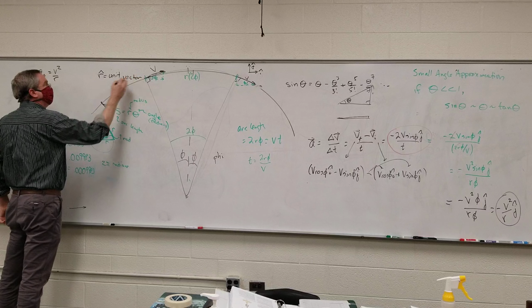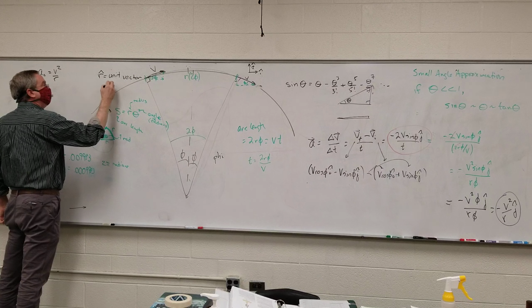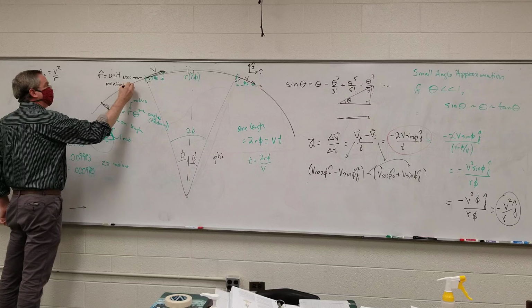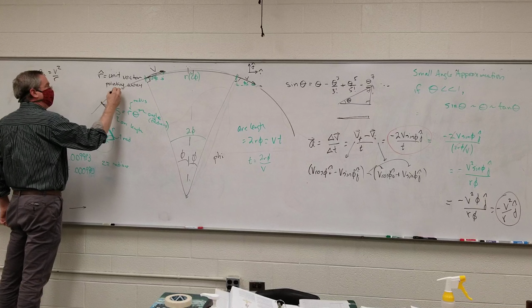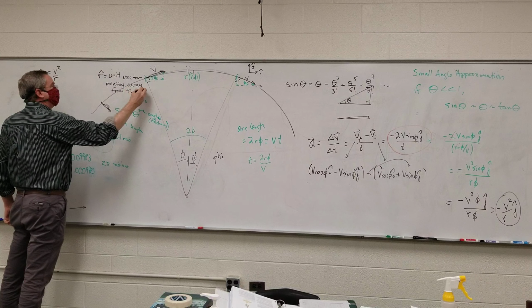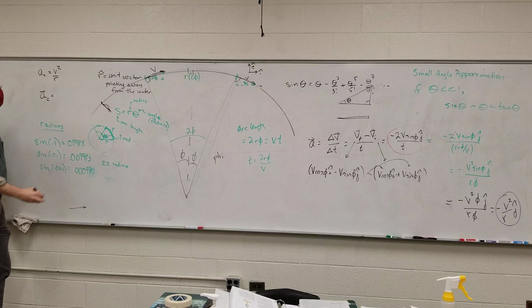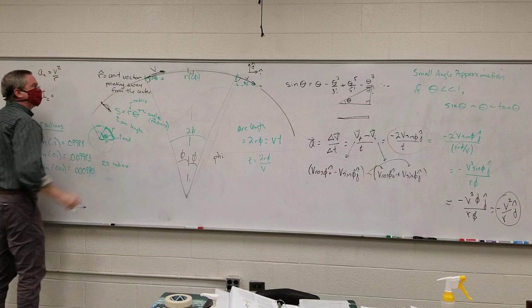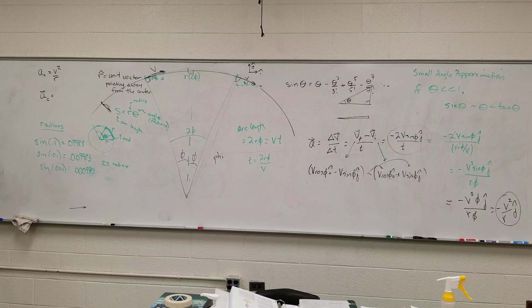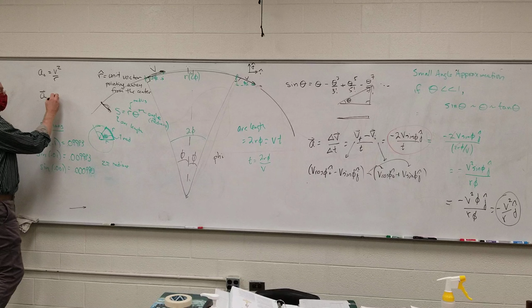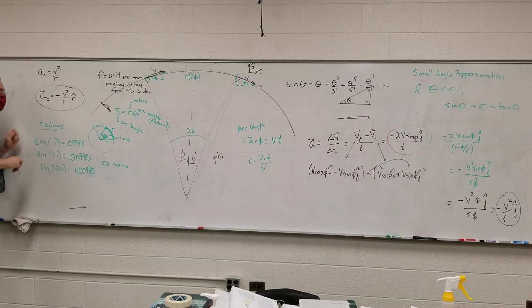A unit vector pointing away from the center. And since centripetal acceleration is always pointing towards the center, we do the opposite of it, which is negative. Traditionally, you put the negative in front: negative v squared over r, r hat. So that's the official formula for centripetal acceleration.